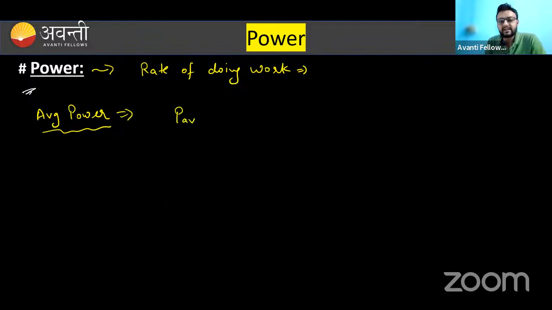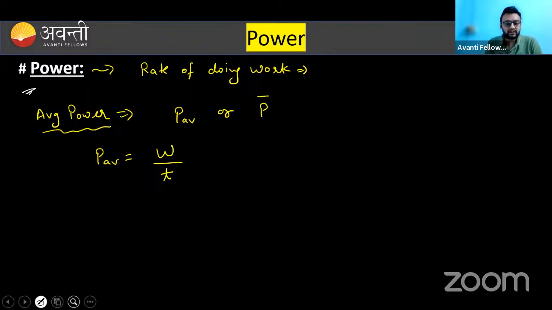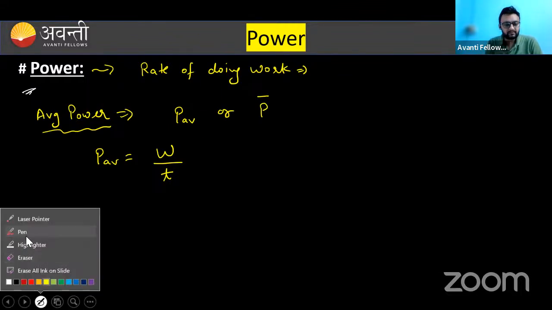P average, it is written as either this way or someone uses the sign convention P average. Both are valid. This is not the vector sign, this is average sign, mean power, average power kind of thing. So it is defined as work done per unit time. This is a simple term.